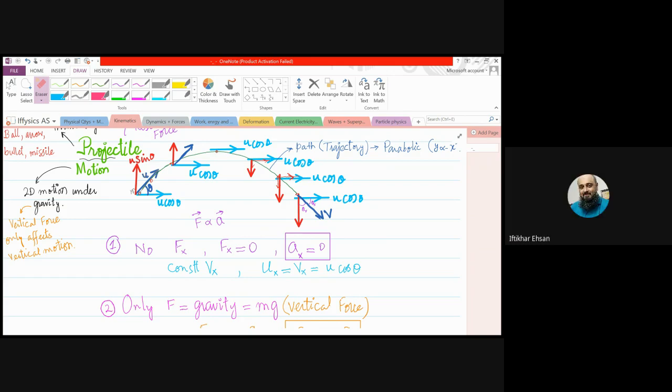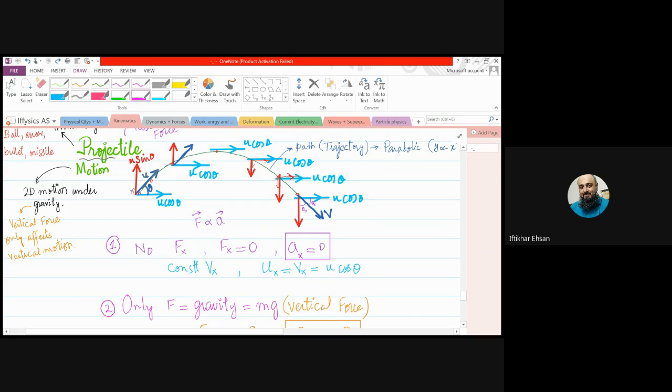But this is horizontal acceleration, so it means the horizontal velocity, the velocity along the x-axis, stays the same.